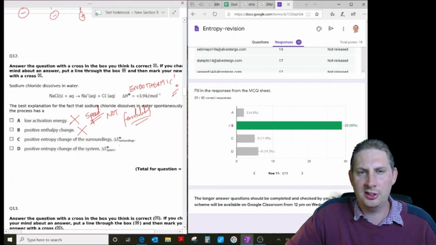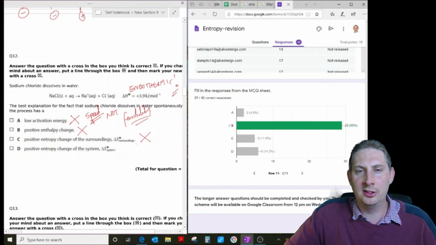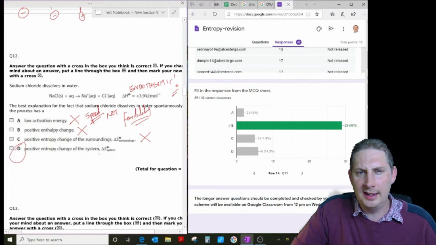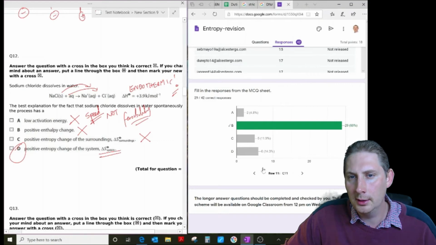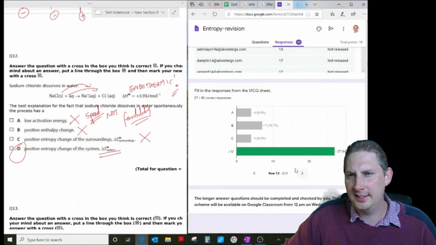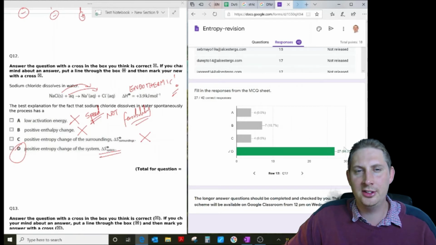Positive entropy change of the surroundings, no, absolutely not, because the surroundings are losing energy, so they have a negative entropy change. But the thing that drives it must be the large positive entropy change of the system, a solid becoming mobile ions, D. And yes, although not many of you actually got that, less than 2/3 of you got that right.